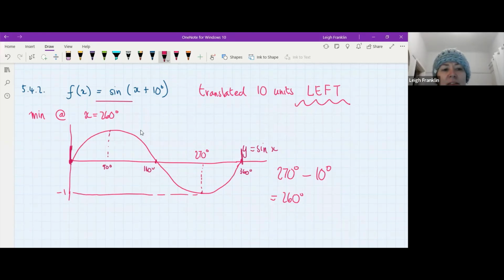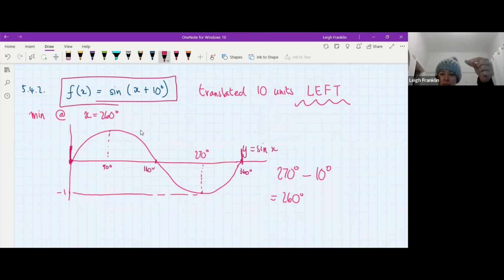But they're telling us that this graph has been translated 10 units to the left. So imagine if I could take hold of those pink lines and move it 10 degrees to the left-hand side. It would follow the same curve, but it would have shifted 10 units. So instead of starting here at 0 degrees, it's now starting at minus 10.